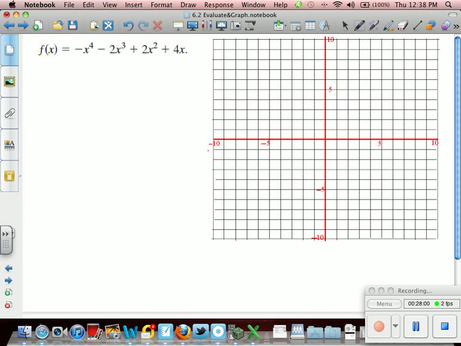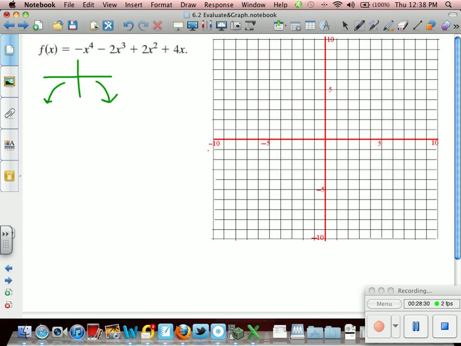So this one, it's in standard form, and the leading coefficient is negative. So that means that the end behavior is going to do something in this direction. All right, so that's what's happening to my end behavior.